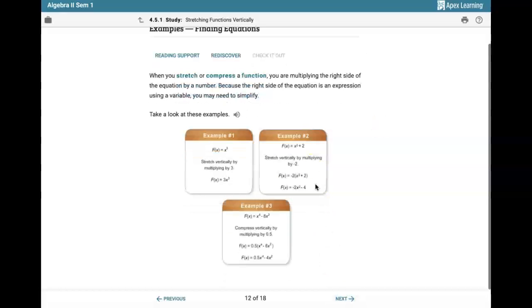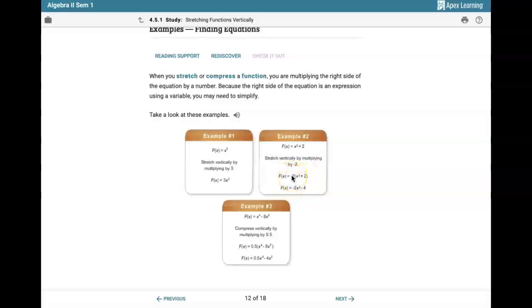So, a couple examples here of stretching and compressing. If we look at our parent function of x cubed, in order to say that it is stretched vertically by a factor of 3, we would say 3x cubed. And if it's stretched vertically by a factor of negative 2, again, you put the entire function in parentheses, and then you multiply everything by that negative 2 factor.